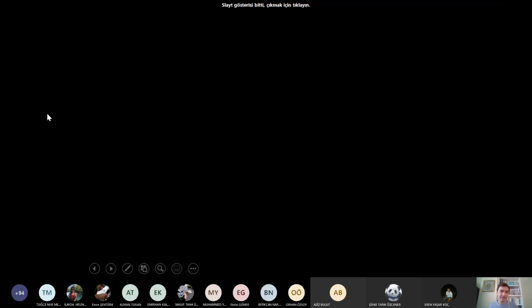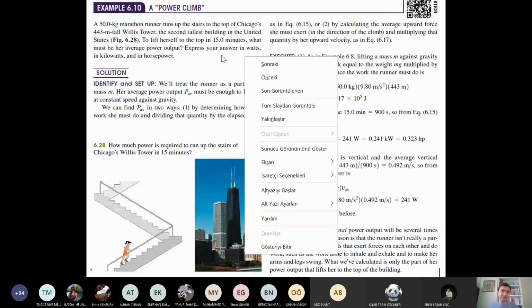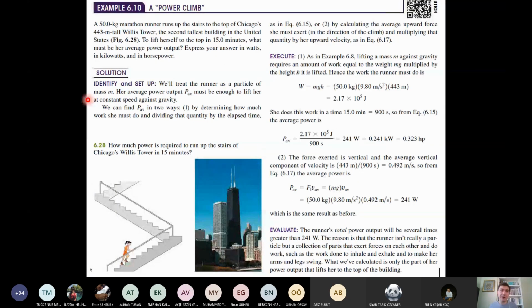Okay, this is example 6.10, a power climb. Here, there is a runner. She climbs this very tall building. A 50-kilogram marathon runner runs up the stairs to the top of Chicago's 443-meter tall Willis Tower.